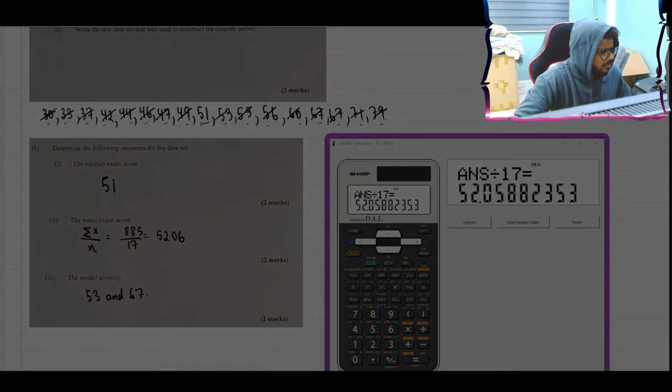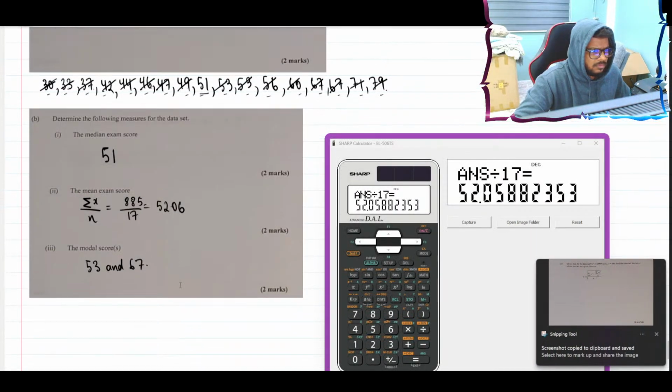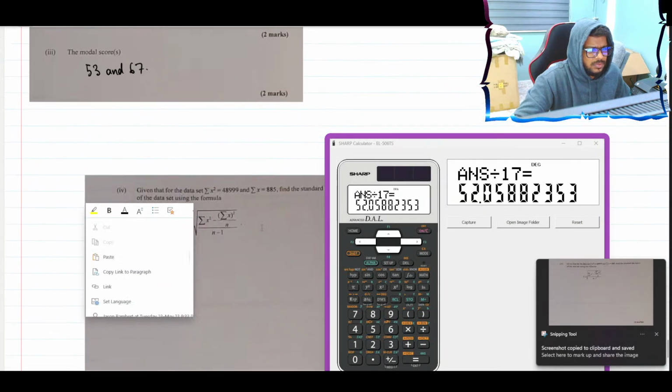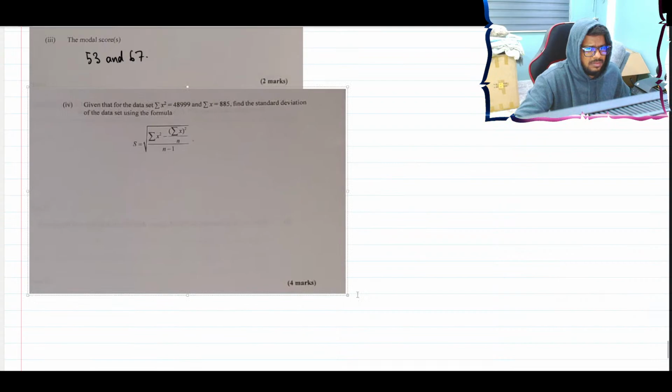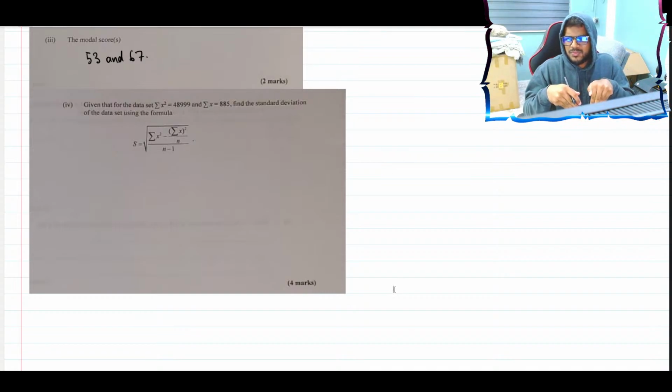Part 4. So easy, all the statistics questions come by. Jesus Christ. The 4 marks are just substitute things. Given that for the data set, sigma x squared is that and sigma x is that, find the standard deviation.